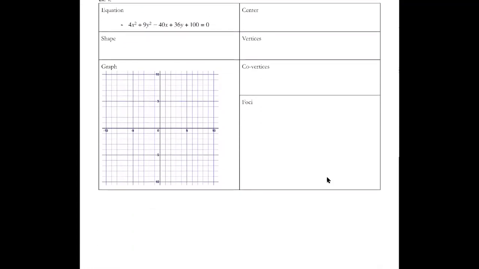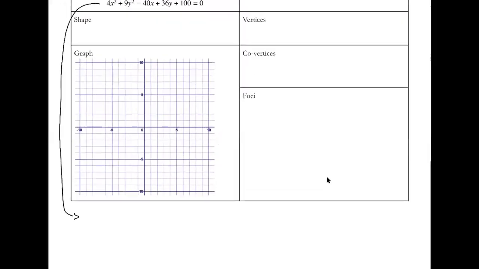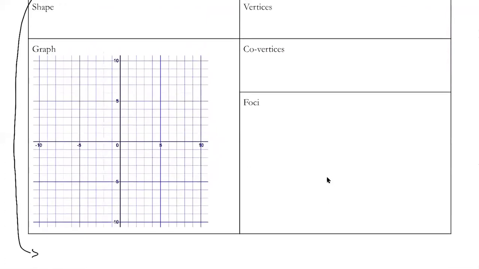So I'm going to take this equation right here. I'm going to rewrite it below. But as I rewrite it, I'm going to group all the x terms together, all the y terms together, and then any constants, I'm going to move to the other side. So what's that going to give us?